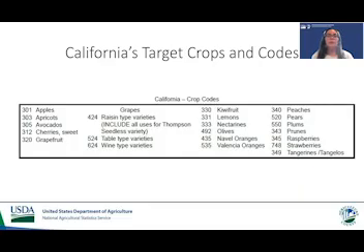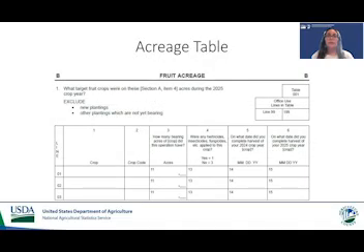So those who have worked on this survey before, if you worked on this survey in 2023, you'll notice that we're no longer collecting data for dates. For the acreage table, there are slight differences on the California version.